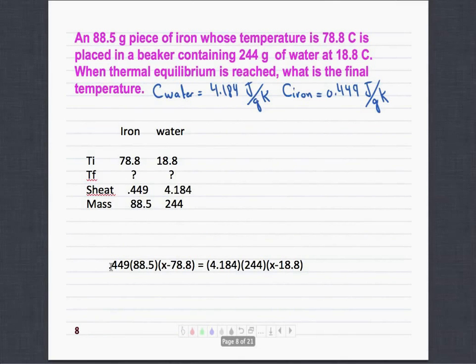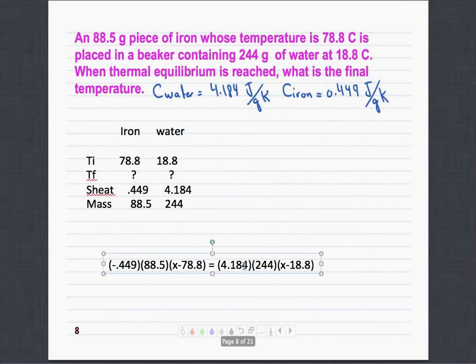Now I'm going to plug in the numbers, and I'm going to make sure that I'm plugging the right number on the right side of the equation. The mass of the water is 244 grams. The specific heat capacity of the water is 4.184 joule per gram Kelvin. T final is what I'm looking for.